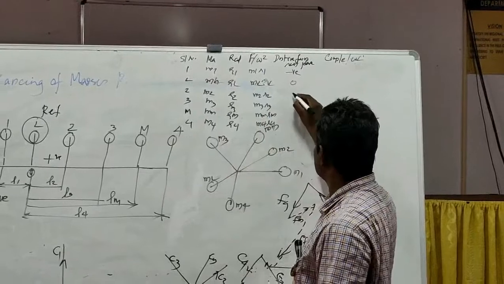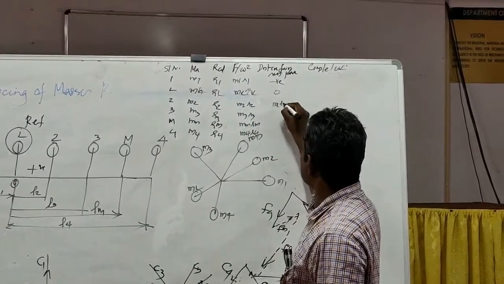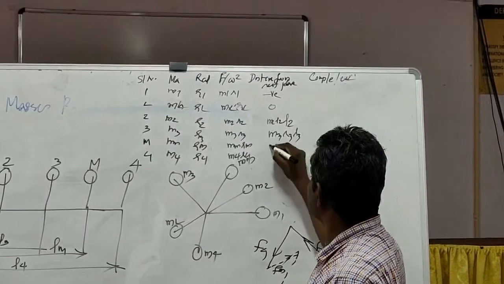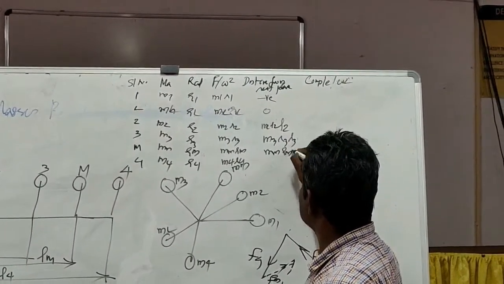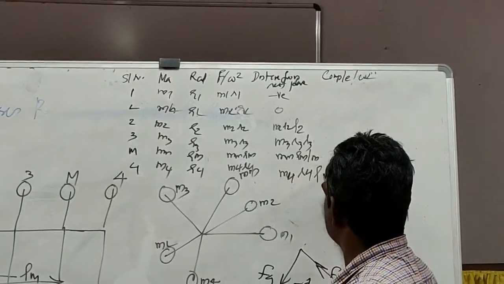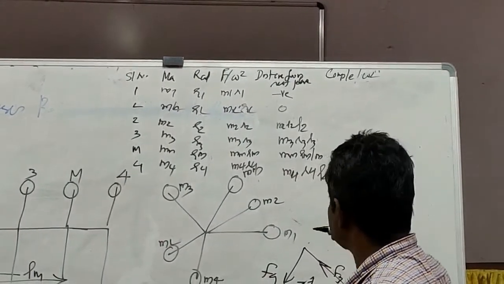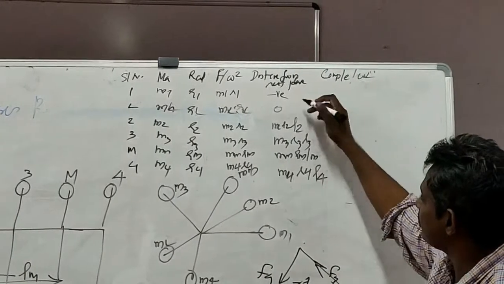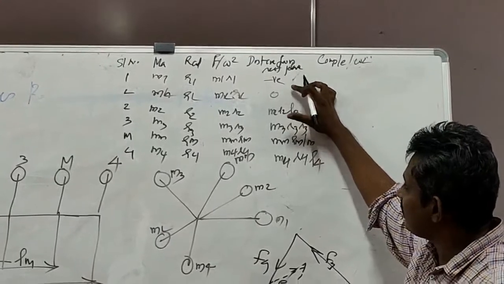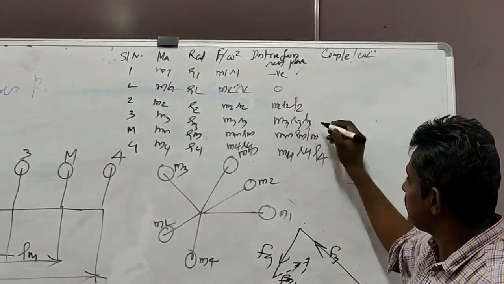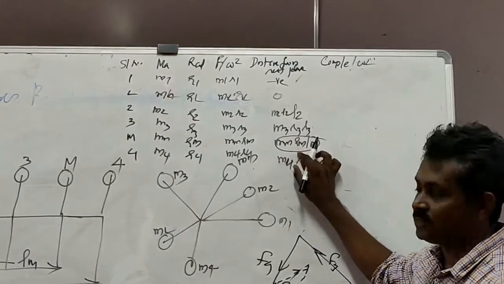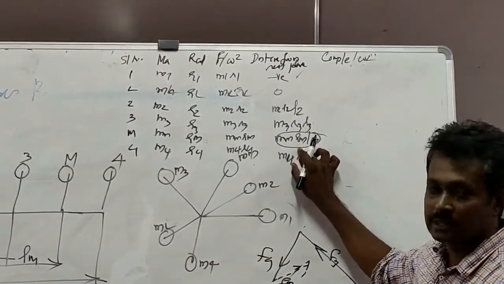Then M2 R2, L2, M3 R3, L3, MM RM, LM, M4 R4, L4. Here this value will be given and this is 0, and perhaps this will be the unknown quantity, because at this place we should place a balance mass.